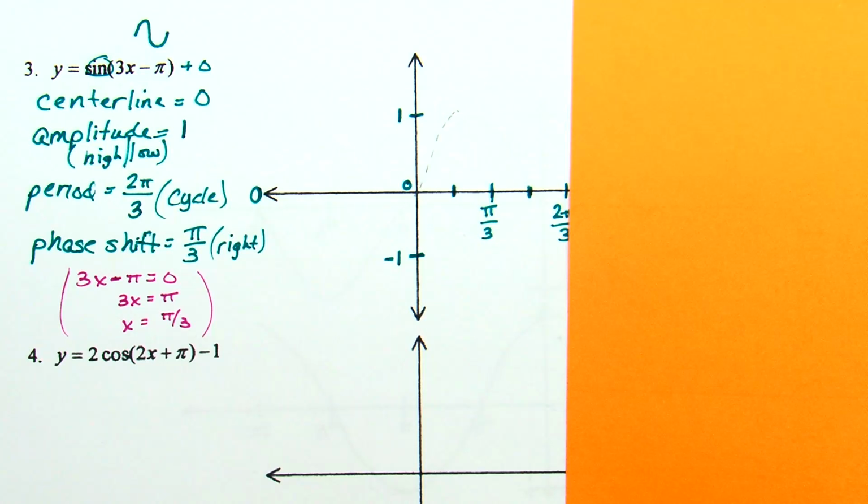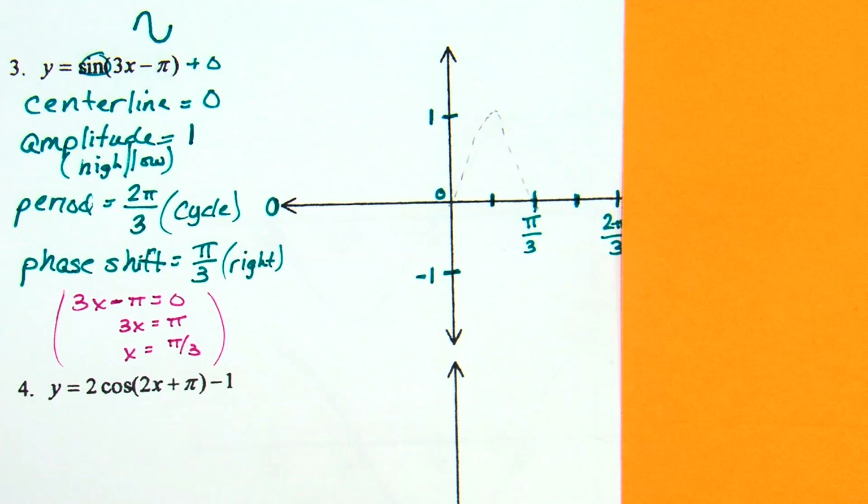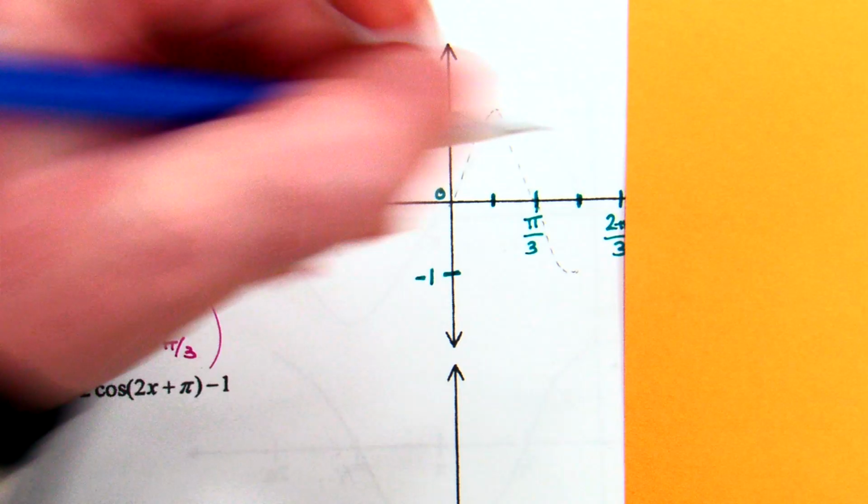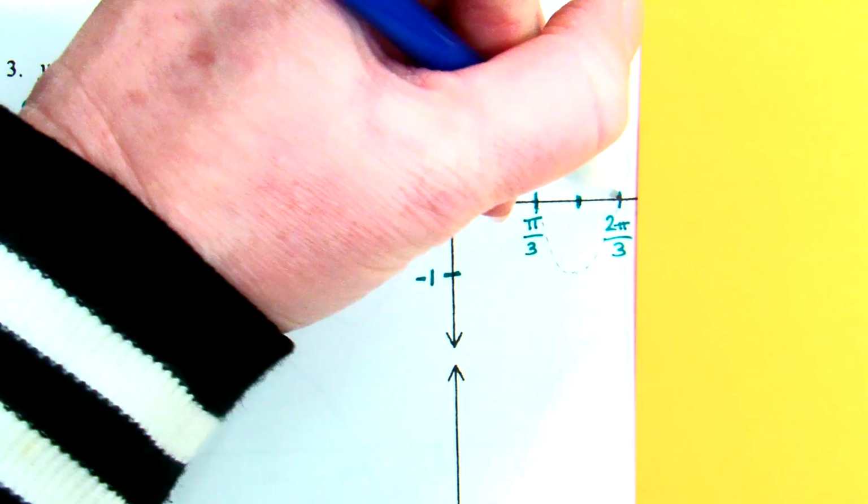Halfway through, you cut down through the midpoint, which is pi over 3. Then what? Underneath the next middle piece, we have a minimum. And then at your ending point, what's my ending point on this one? 2 pi over 3, you would have a 0.